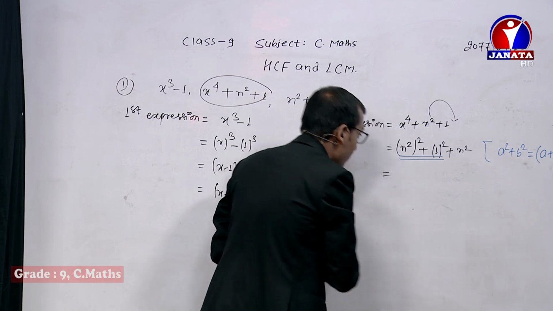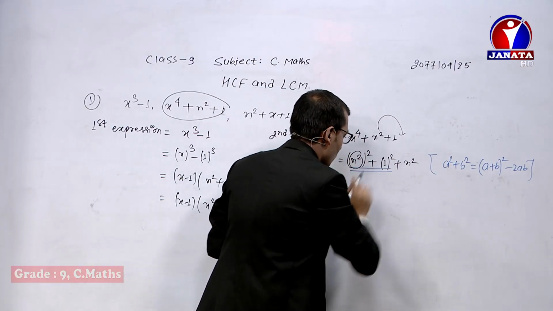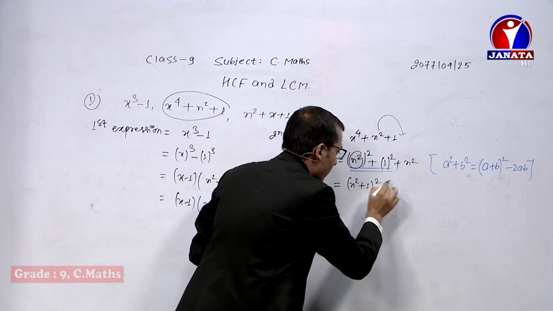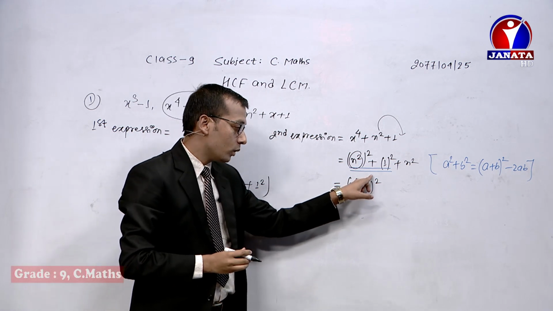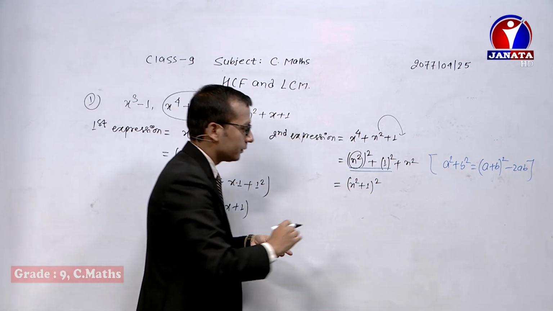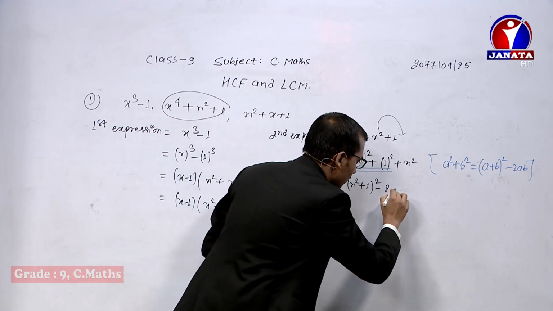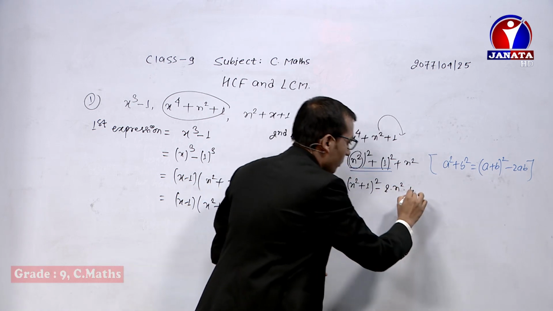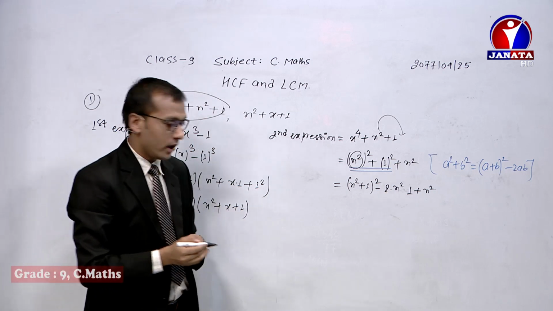So what is a? a is x square, and what is b? 1. So x square plus 1 whole square. It's a plus b whole square minus twice of, what is a? x square. What is b? 1, plus the last term is the same, x square.